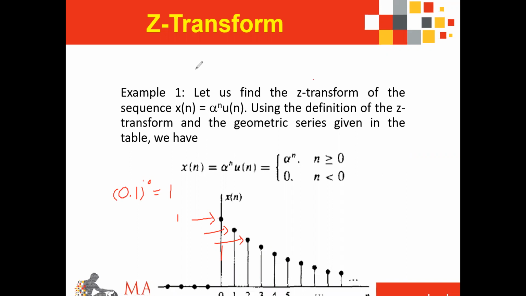Paano dito, sir? Itong pangalawang value na to, anong height ng aking signal? Magiging 0.1 raised to 1, which is simply 0.1. Pagdating naman dito sa pangatlo, anong height ko? 0.1 raised to 2, magiging 0.01. Liliit yung amplitude, and so on, kaya exponentially decreasing yan.